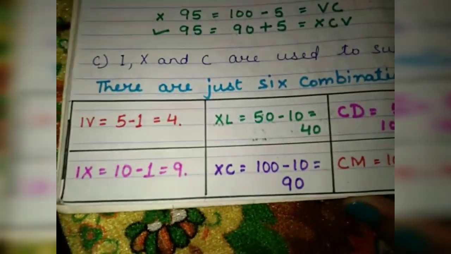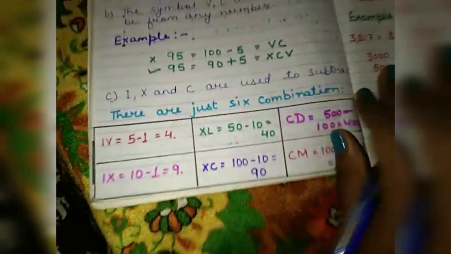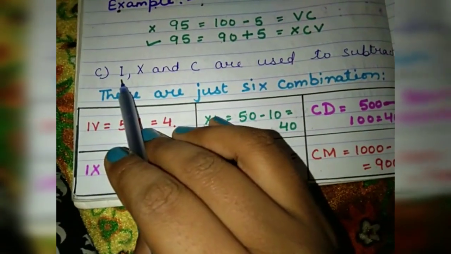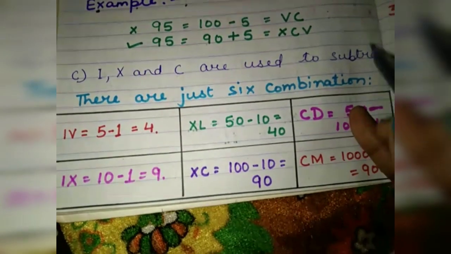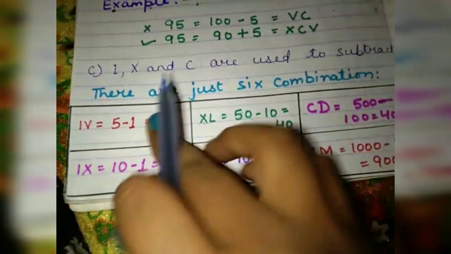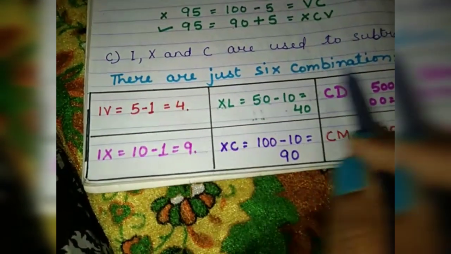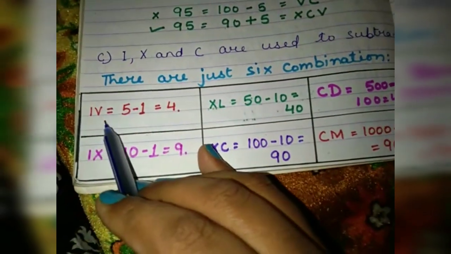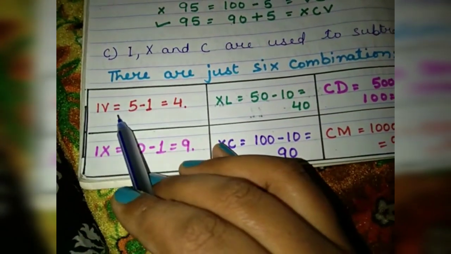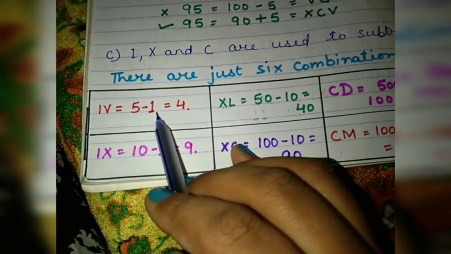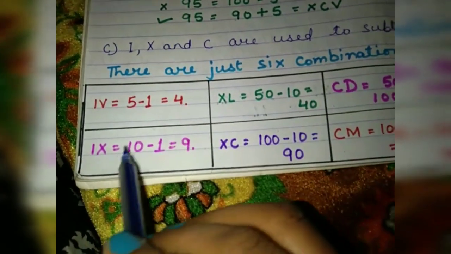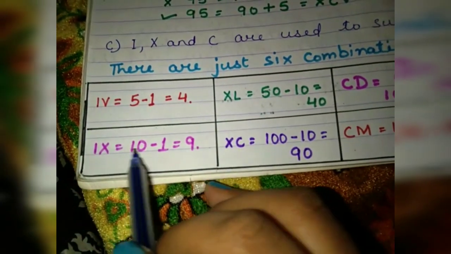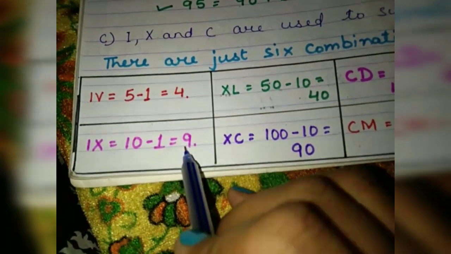Now the third rule of subtraction is that I, X and C are used to subtract. For this rule there are just 6 combinations given. IV is equal to 5 minus 1, that is 4. Second is IX equal to 10 minus 1, that is 9.